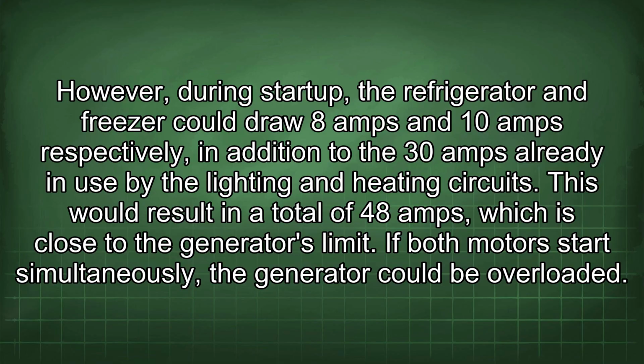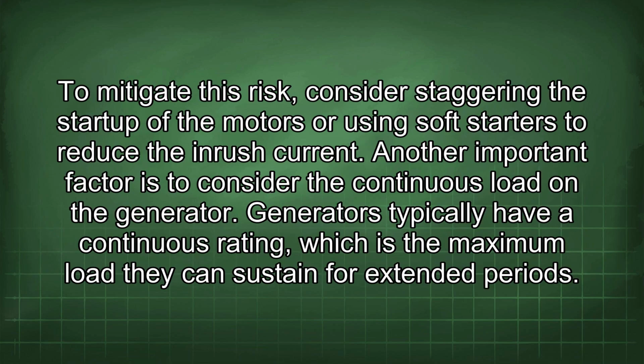This would result in a total of 48 amps, which is close to the generator's limit. If both motors start simultaneously, the generator could be overloaded. To mitigate this risk, consider staggering the startup of the motors or using soft starters to reduce the inrush current.